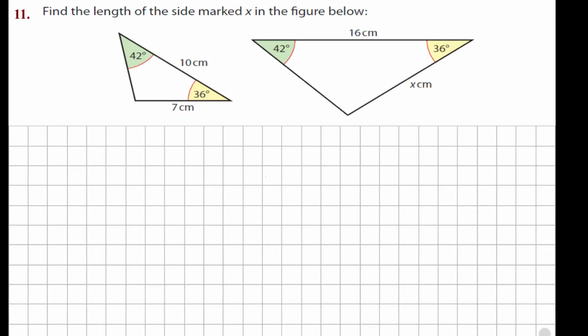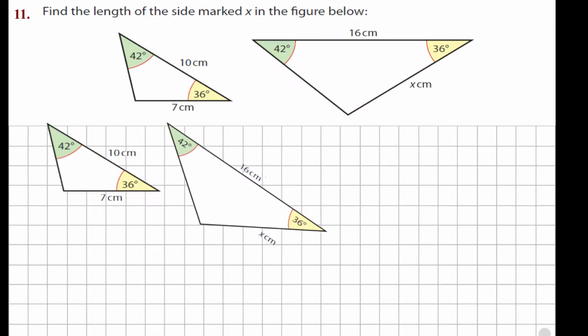Okay, so we move on there and we look at question 11. You've got two triangles there. We've got the first one, which is like that, and you've got the second one there, which is like this.